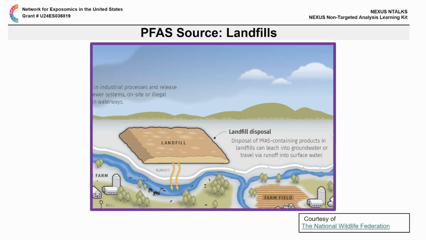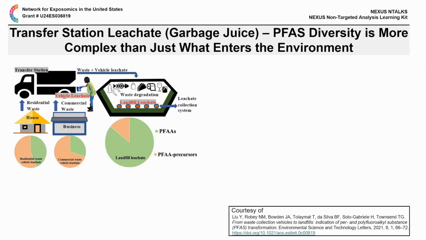Now, a lot of landfill operations have ways to collect that leachate and treat it before that liquid is released back into the environment, but these treatments do not remove PFAS. So, for example, transfer stations, other spots along our refuse chain can emit PFAS.